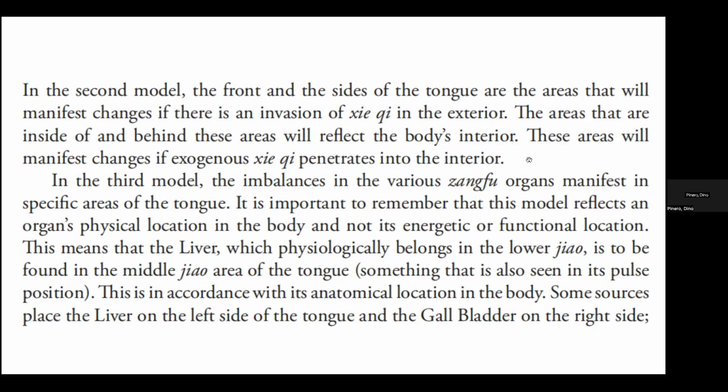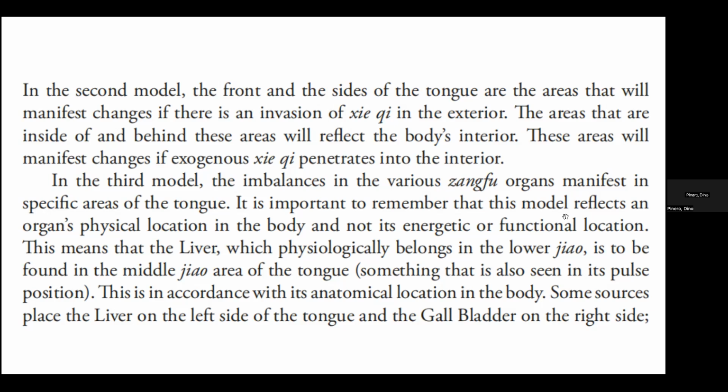In the third model, the imbalance in the various zang-fu organs manifests in specific areas of the tongue. It is important to remember that this model reflects an organ's physical location in the body and not its energetic or functional location. So, physical location mismo talaga ang merong specific changes.